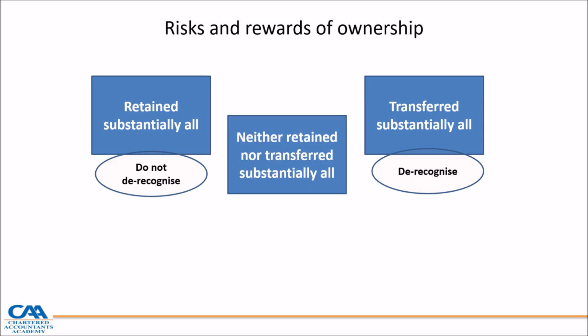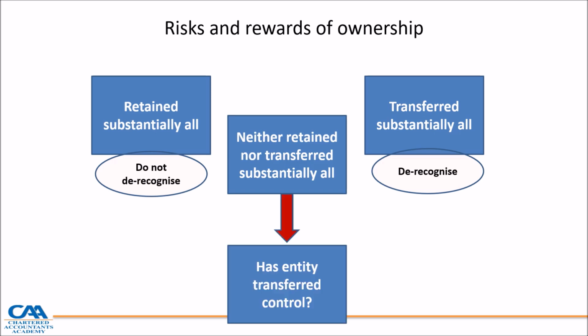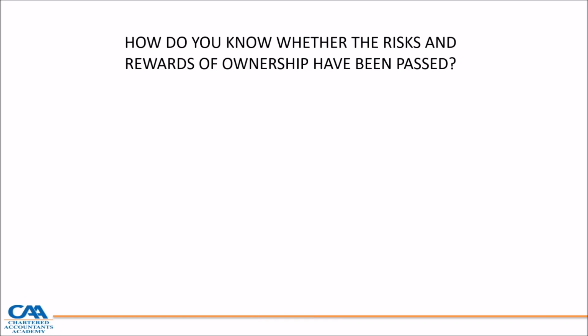So what happens if you've neither retained nor transferred substantially all risks and rewards of ownership? Remember, I said you go to the second question where you ask yourself, has the entity transferred control? Does the buyer have the right to sell the financial asset?